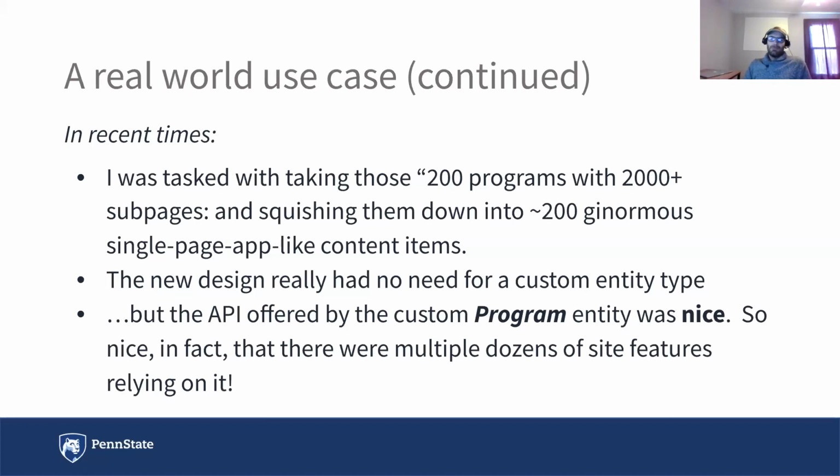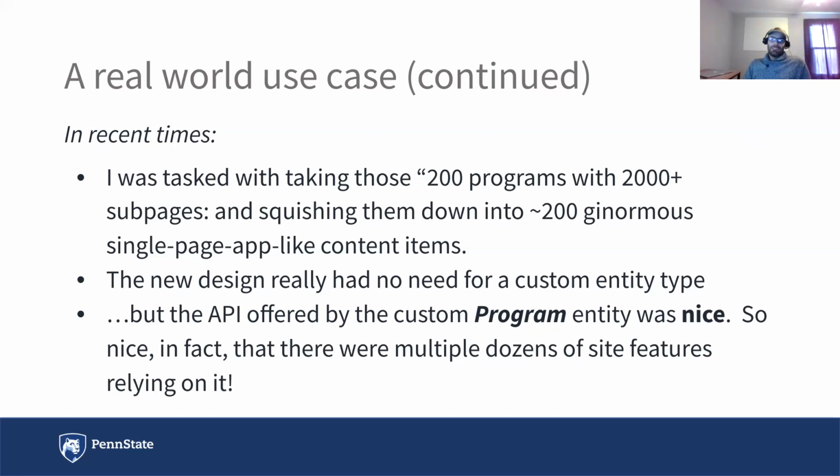Another thing that we figured we couldn't live without was the API that our custom program entity was providing. It was providing the same functionality as what bundle classes do. We had this rich API that encapsulated all of that weird business logic in a nice tight package.